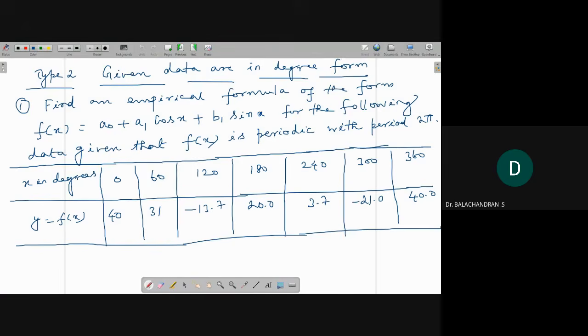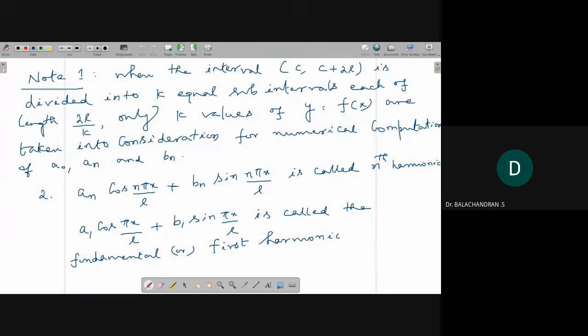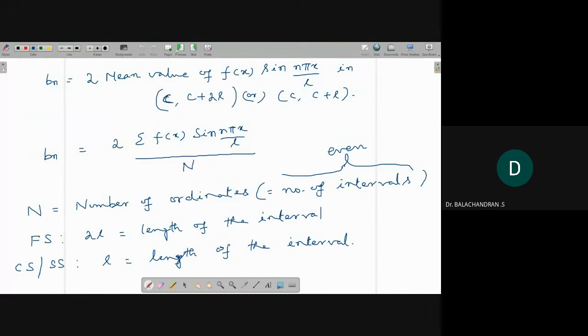From the question itself, we know that here we have a sine term as well as a cosine term. So that's why it is a Fourier series. We need the representation of Fourier series, so we should take the length of the interval as 2L.